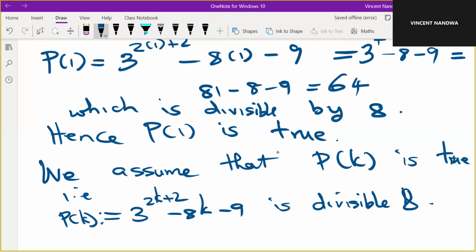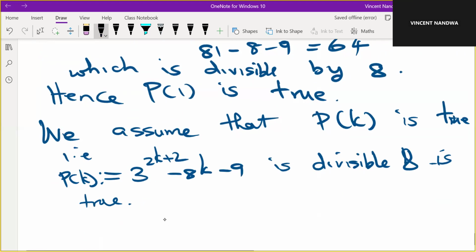So we assume that this one is true. Once we have assumed that P(k) is true, what should we show? Yeah, and that's the main work. So we assume that P(k) is true, and P(k) means this expression is divisible by 8.